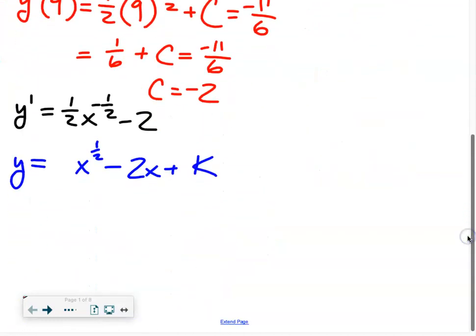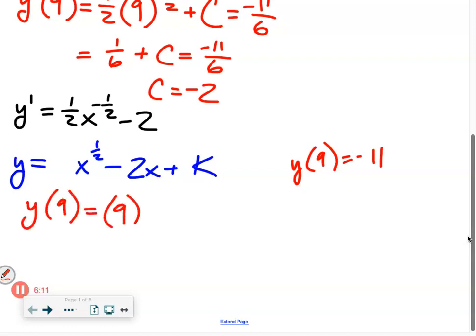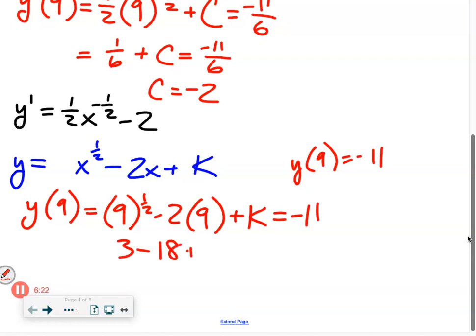So I say, hey, y of 9 equals negative 11, so I'm going to plug that 9 in. y of 9 equals 9 to the 1/2 minus 2 times 9 plus k, which equals negative 11. This is 3 minus 18 plus k equals negative 11.